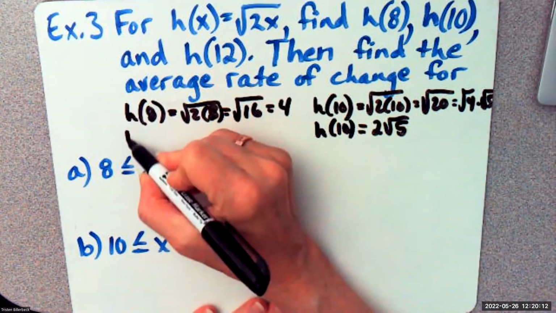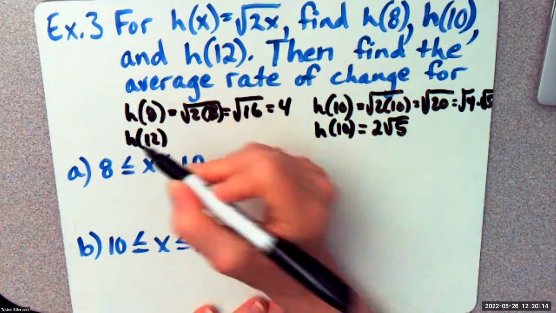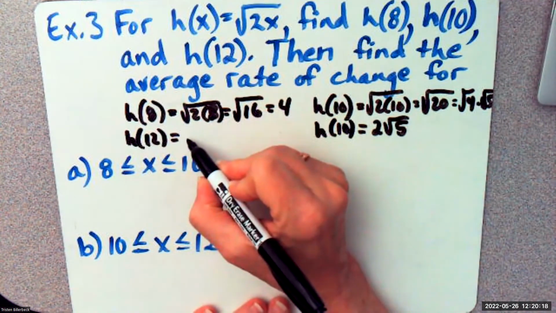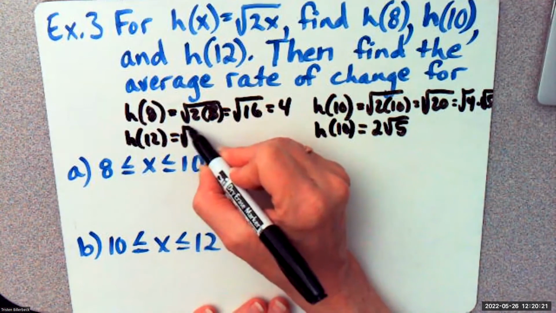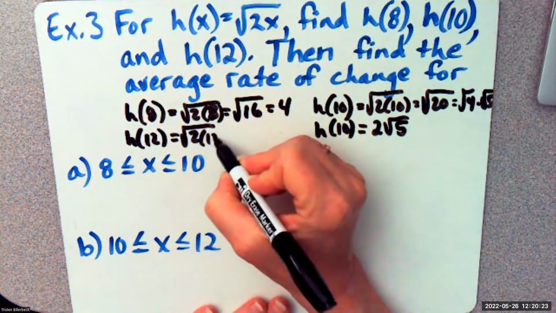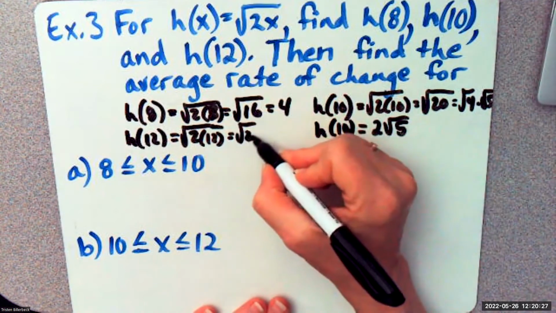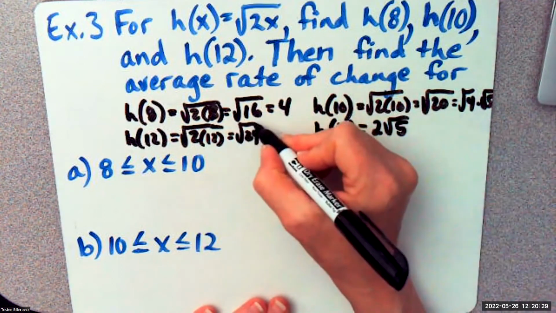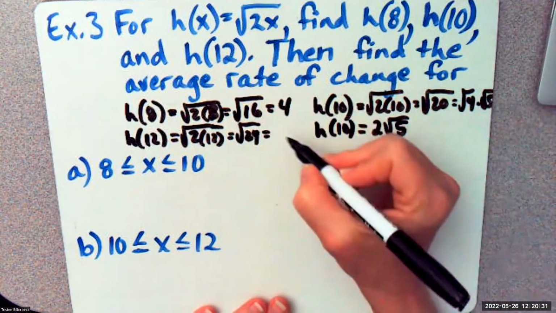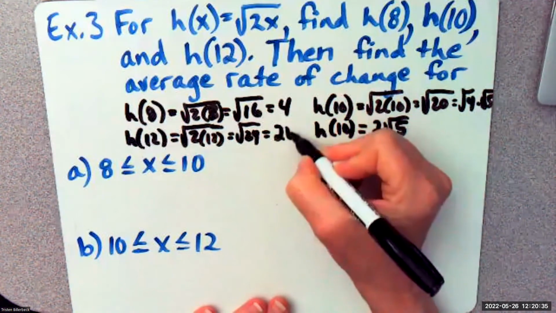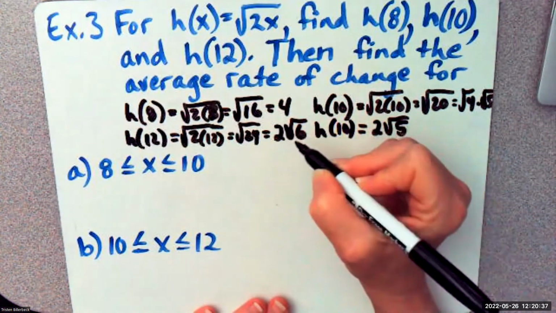Let's look at h of 12 and see if that's any easier. So h of 12 is the square root of 2 times 12, which equals the square root of 24. That's the square root of 4 times the square root of 6, so that'll be 2 square root 6.